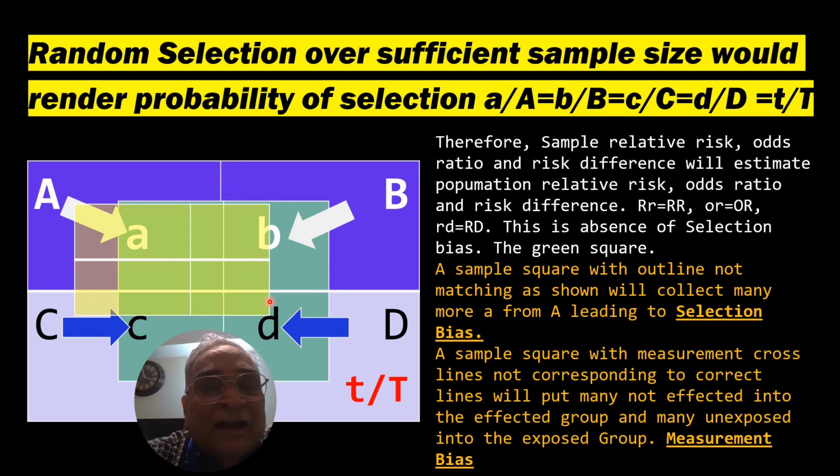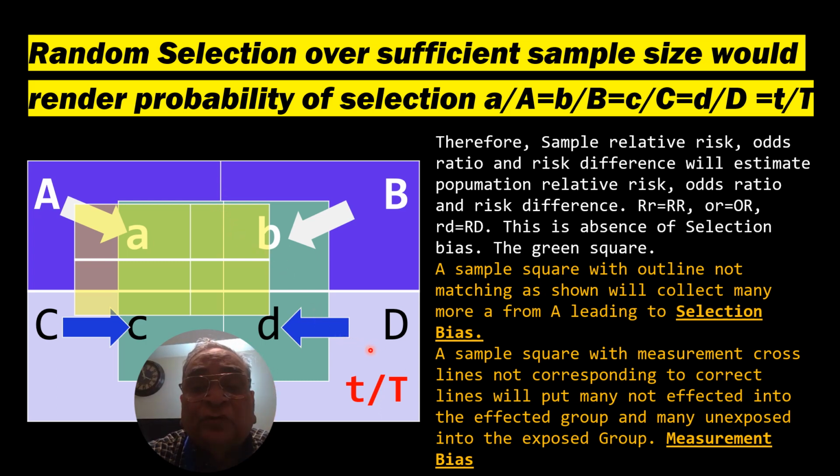So selection bias is that the outline is wrong, and measurement bias is that the measurement between affected, not affected, and exposed, not exposed does not correspond to the truth or the valid measurement. So there are two types of bias, selection bias and measurement bias.